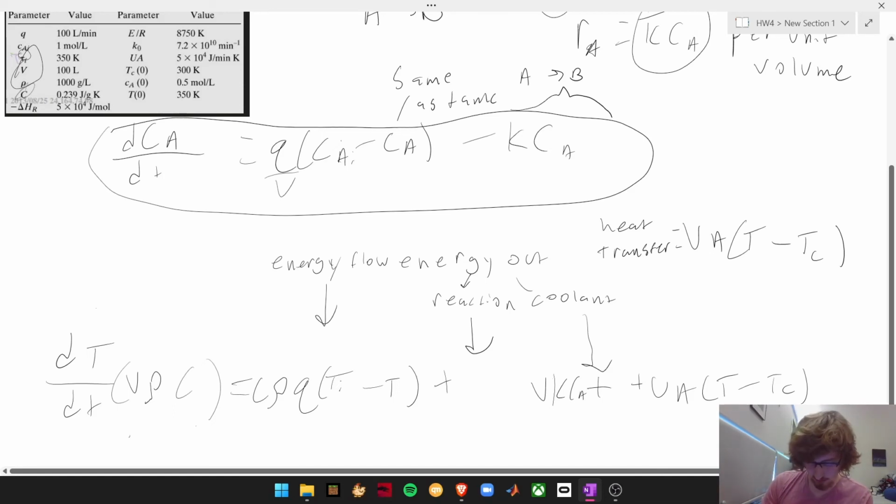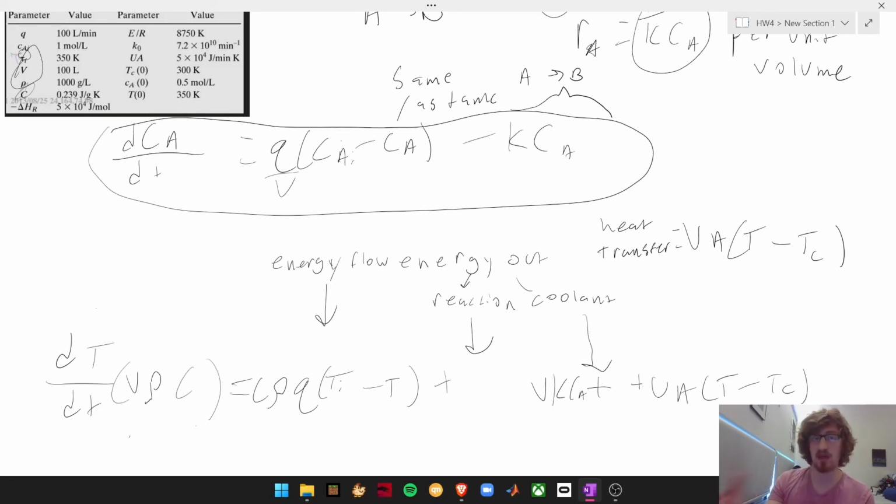Okay, so over here we have the amount of A that is turning into B in terms of the total system. But we need this in joules. And we need to convert the amount that's turning into B and use that to find out the amount of energy that is coming out of the reaction.